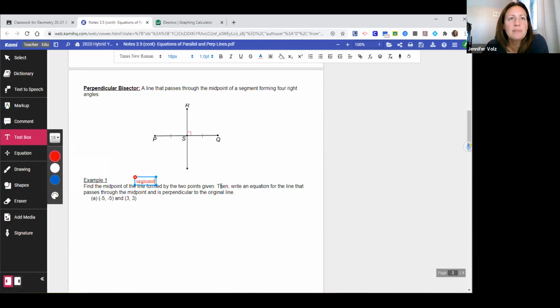Okay. Then we're going to write the equation for the line that passes through the midpoint and is perpendicular to this line. So first we need to find the midpoint. Step 1, find midpoint.